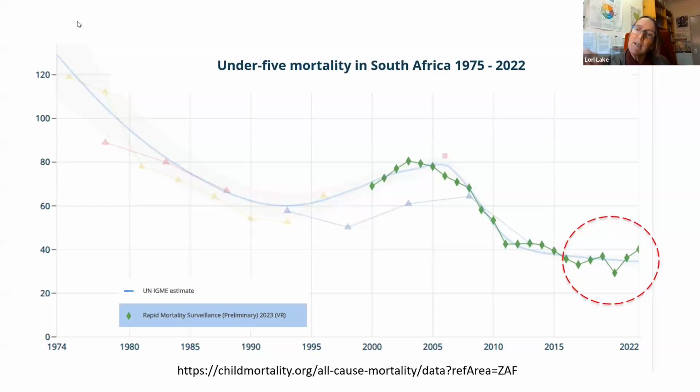And that increase started to tick up even pre-COVID-19. You see a significant drop that's associated with lockdown, and then a continued increasing trend moving forward.